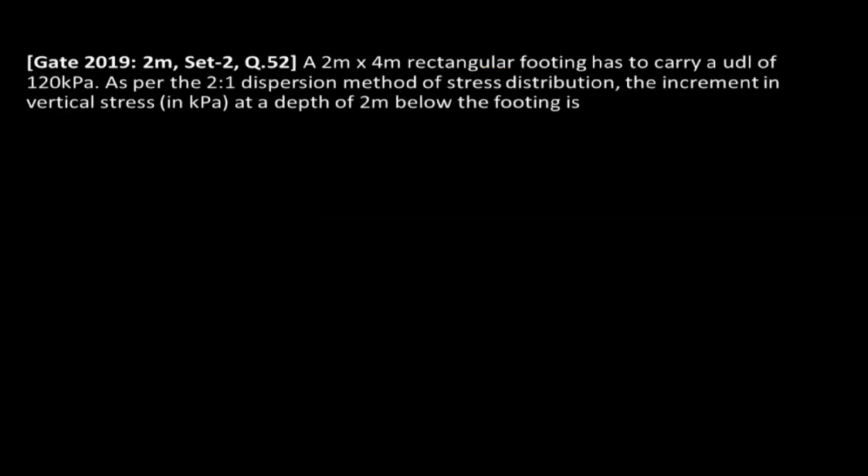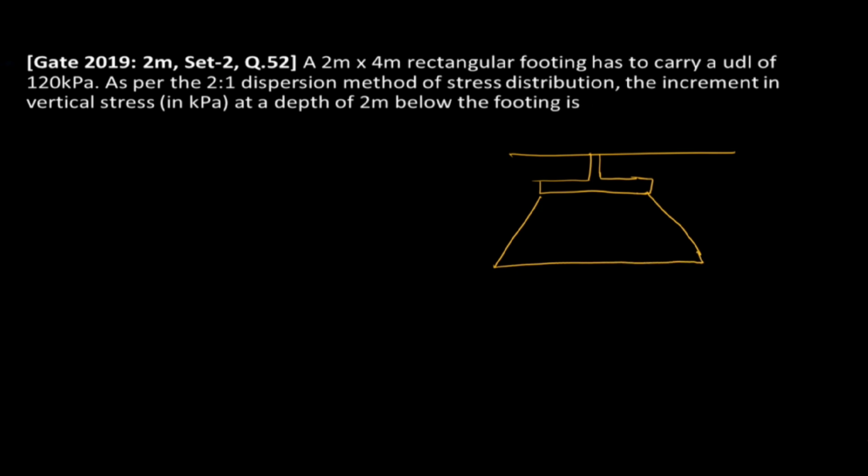If you see this question, we'll draw the load distribution diagram, where they have given the rectangular footing. So the dispersed load will be acting like this, and they are asking us to find out the vertical stress below 2 meters, according to the 2 is to 1 dispersion method.